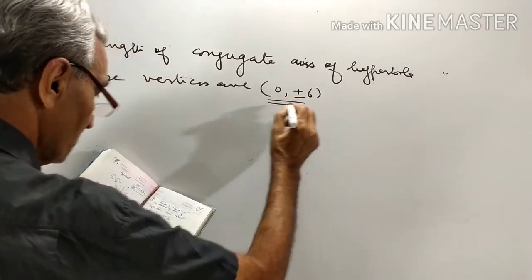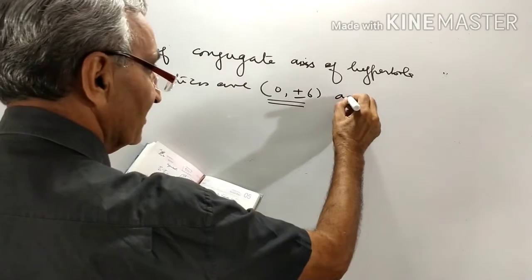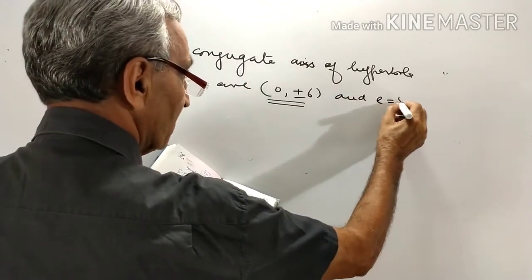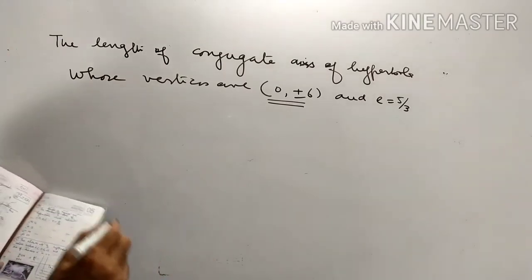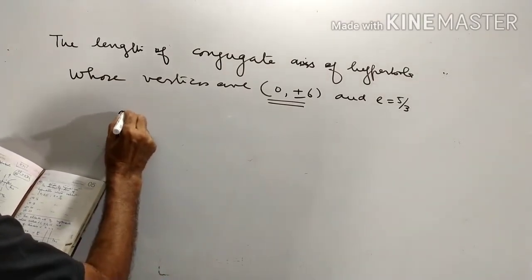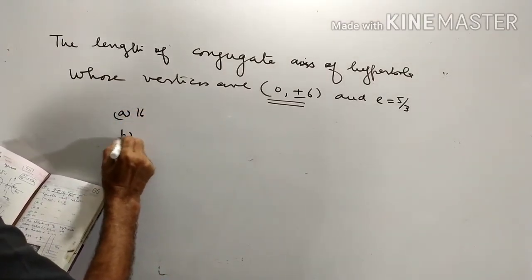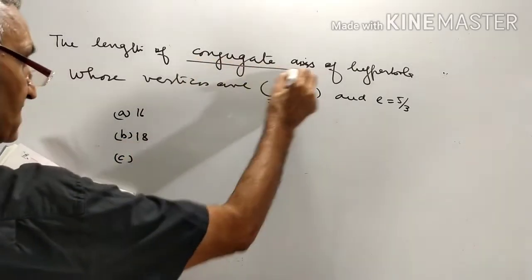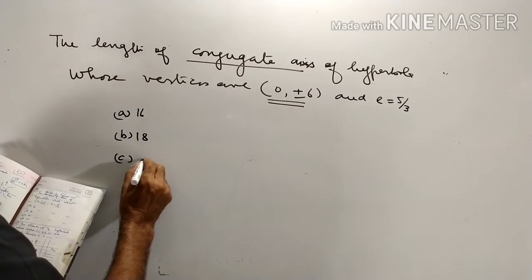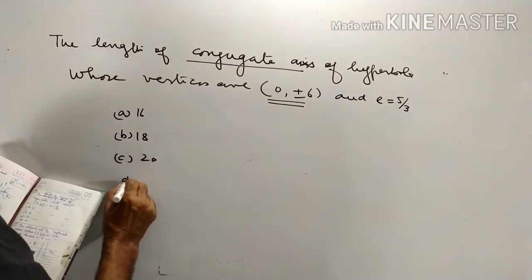Remember, e is equal to 5 by 3 and the center is 0, 0. The choices include 16, and we want to find the length of the conjugate axis. That means we want to find b.